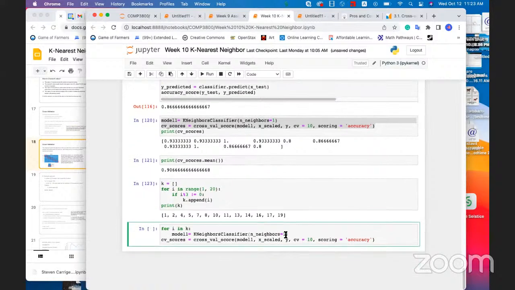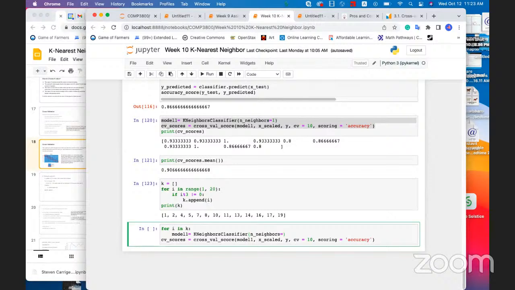Iterating from number 1 to this number. So this number 1 should have changed to just one number. We are iterating from 1 to 19 for i in this k list.